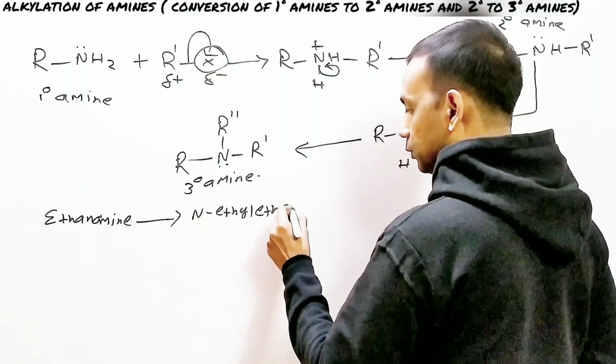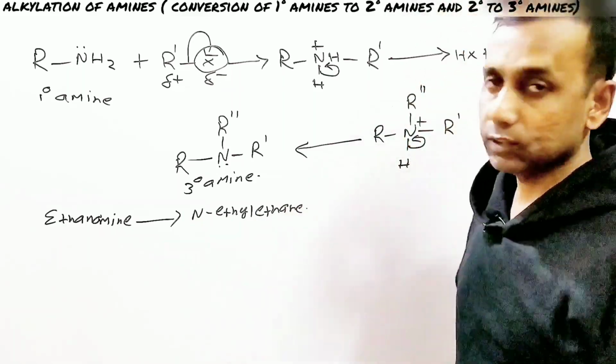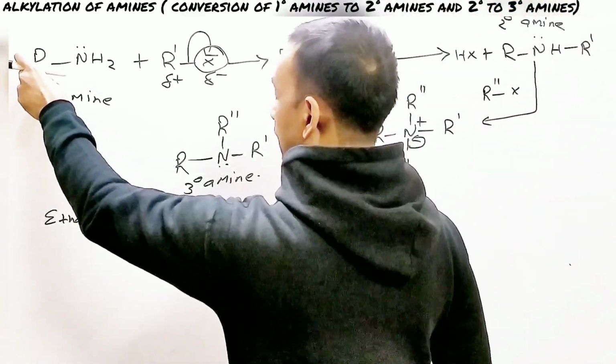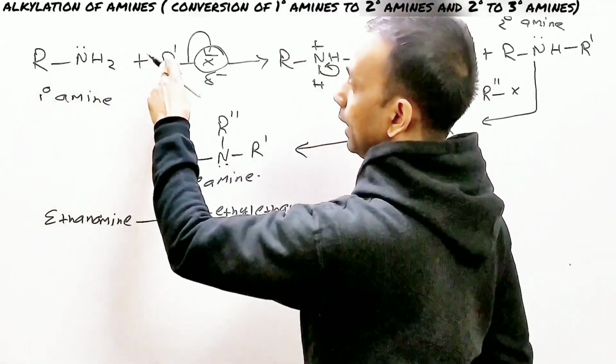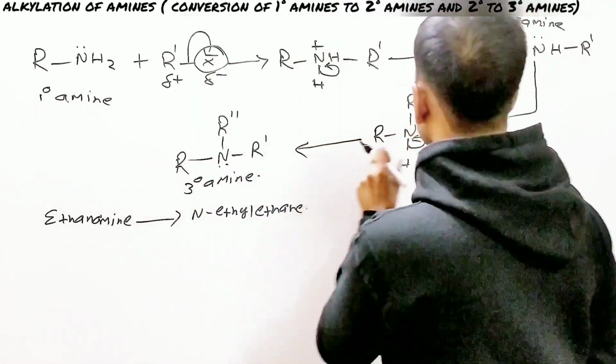If this is the kind of conversion you are observing in your exam, what you have to do is place 2 carbons here, right? And then again you have to take 2 carbons right here. So this will be ethyl halide, this will be ethanamine, and you will get your 2 degree amine right over there.